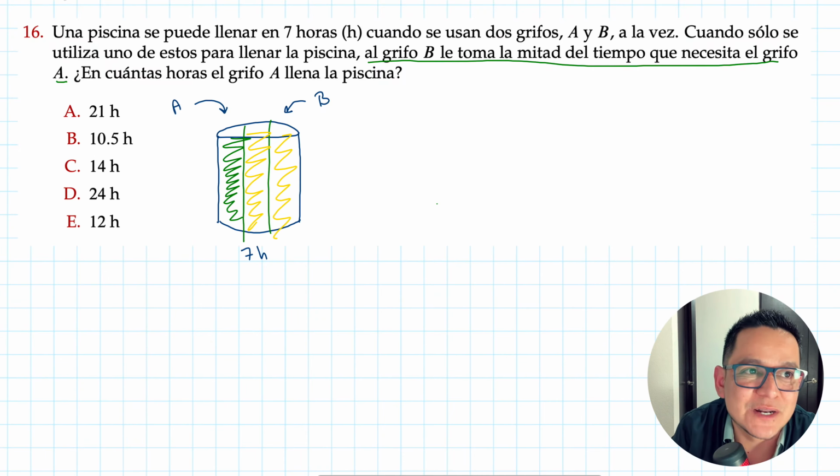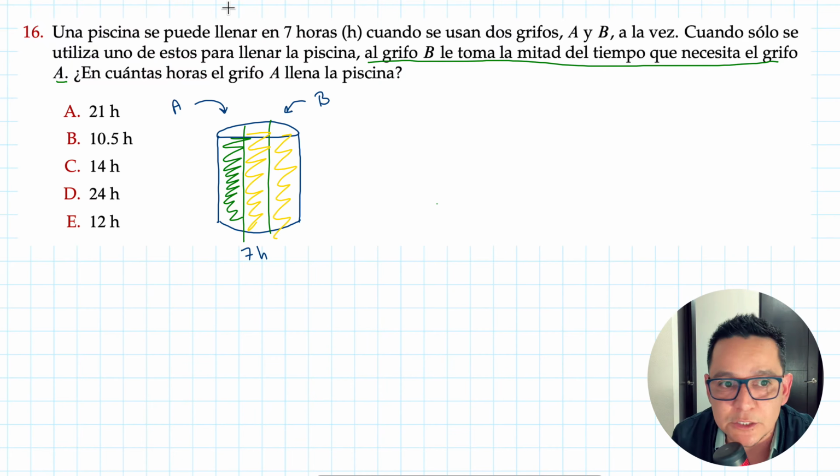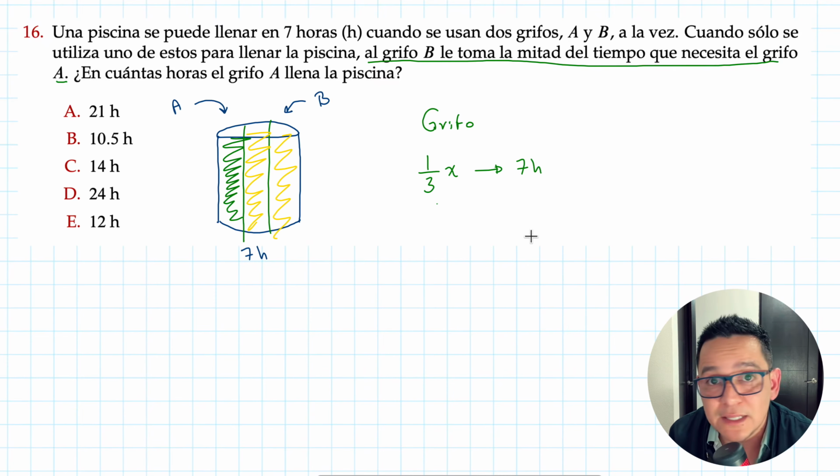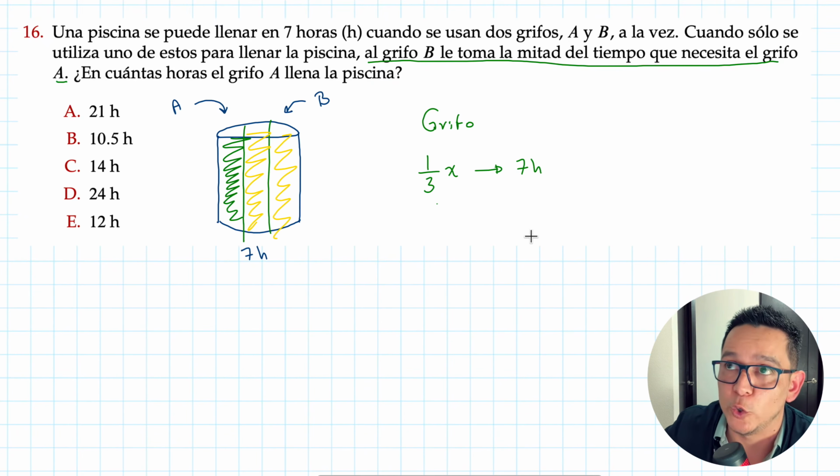Great. Now with this info, it's really easy, right? Let's think about faucet A. I'll put it here, faucet A. Let's see, this faucet A is filling 1/3 of the total volume. I'm going to call it X. In how many hours? Well, in 7 hours it only filled 1/3, because the other one filled 2/3, I mean, double.